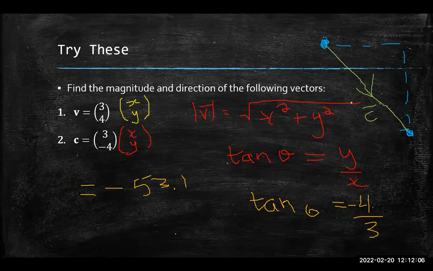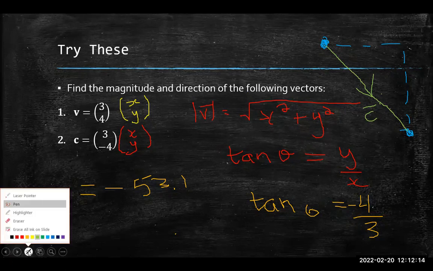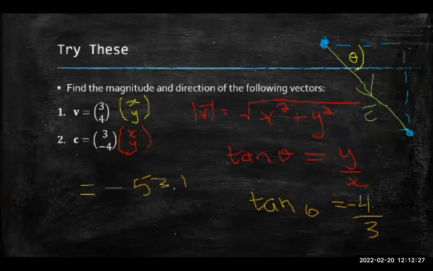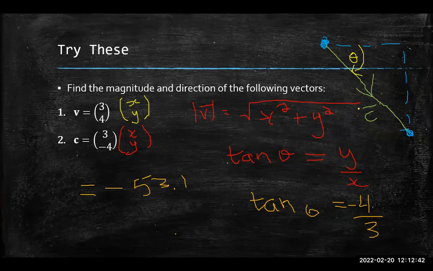So if I wanted to find the angle that it makes with the x-axis, aka the direction of the vector, that would be this angle right here. The angle between the vector and the x-axis would be this angle right here. And remember, from trig, we said we always measure angles from the x-axis. So going from the x-axis to this vector would be going in a clockwise direction.